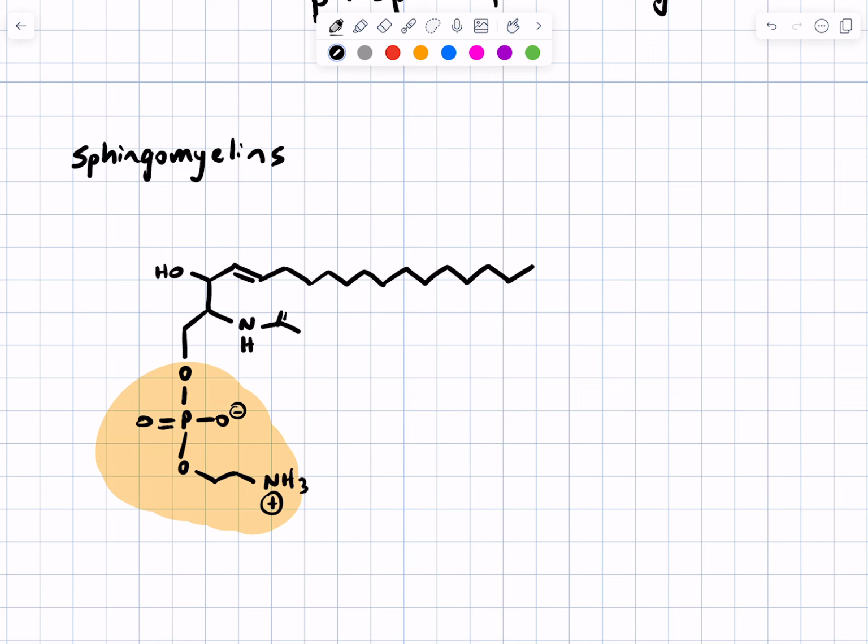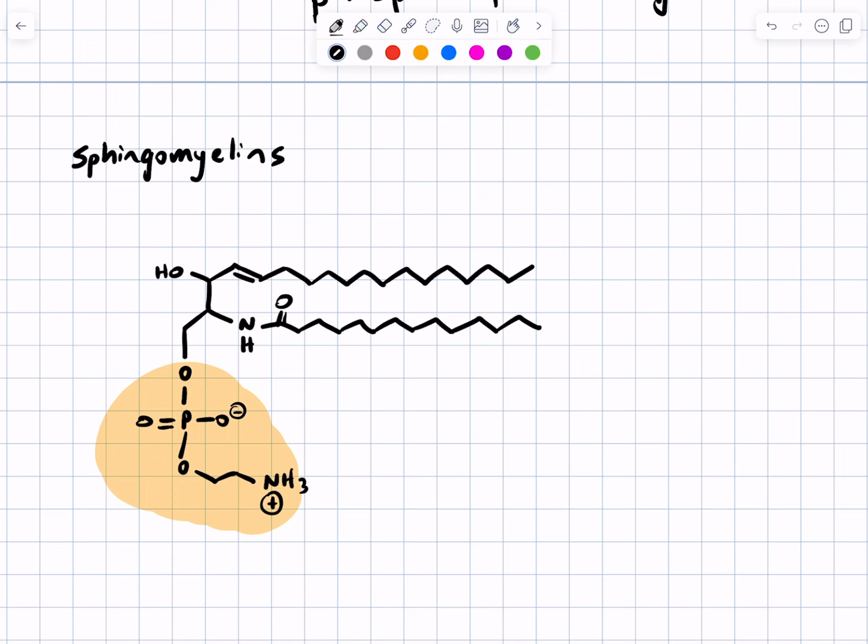Then this nitrogen is itself tied up with a long chain hydrocarbon via an amide bond. So I'll draw a 2, 4, 6, 8, 10, 12, 14 carbon chain.